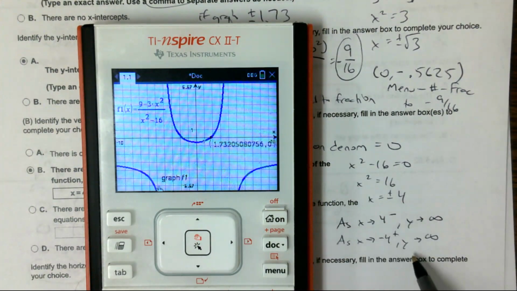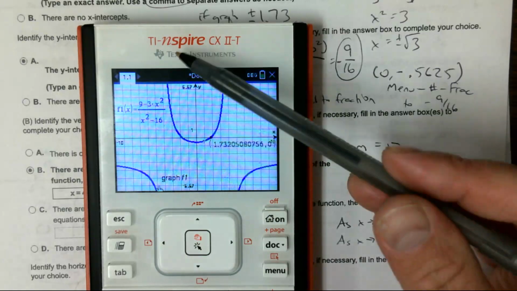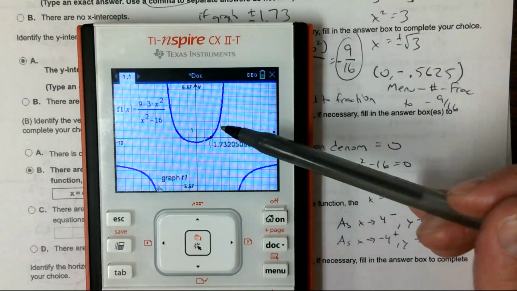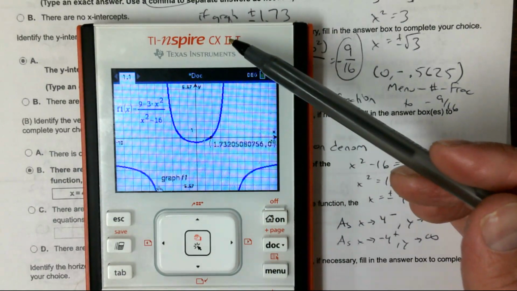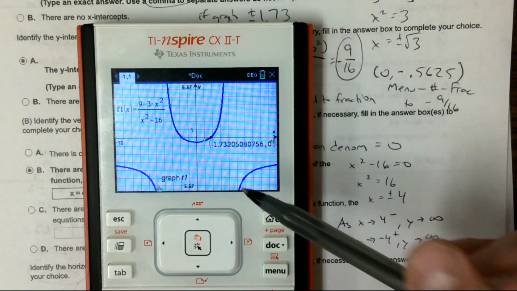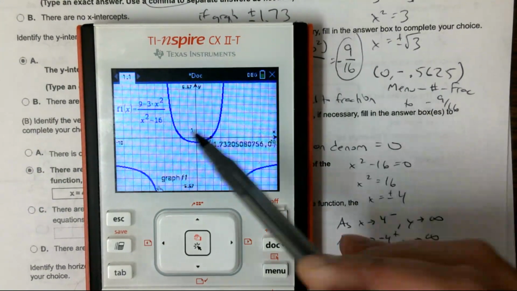So that just means straight up. If y approaches infinity, it's a very high number. For these, if x is approaching infinity, that's the far right and the far left.